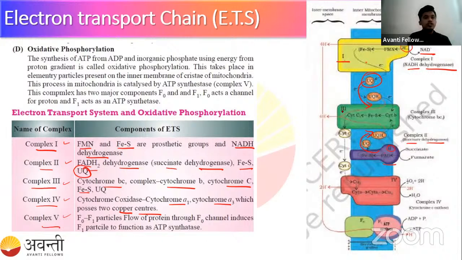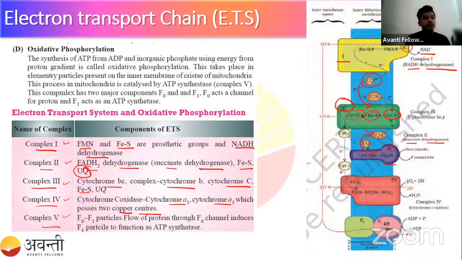Once ubiquinone is converted to ubiquinol, it releases electrons to complex 3. Complex 3 receives the electrons through cytochrome B, and cytochrome B transfers them to cytochrome C through FeS, okay? Just like passing down these electrons through these chemical conversions.